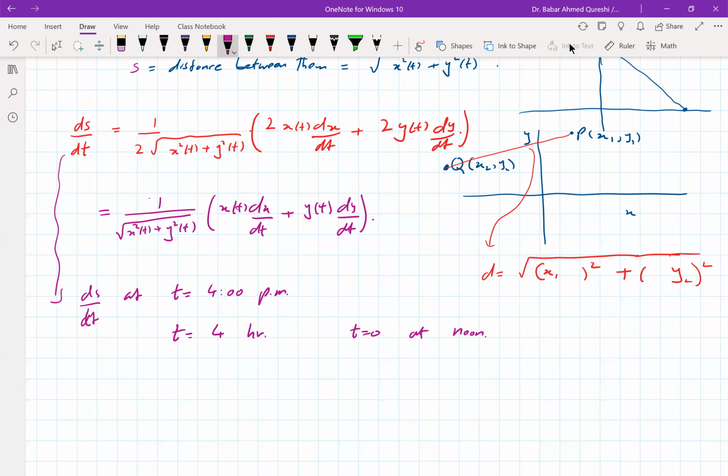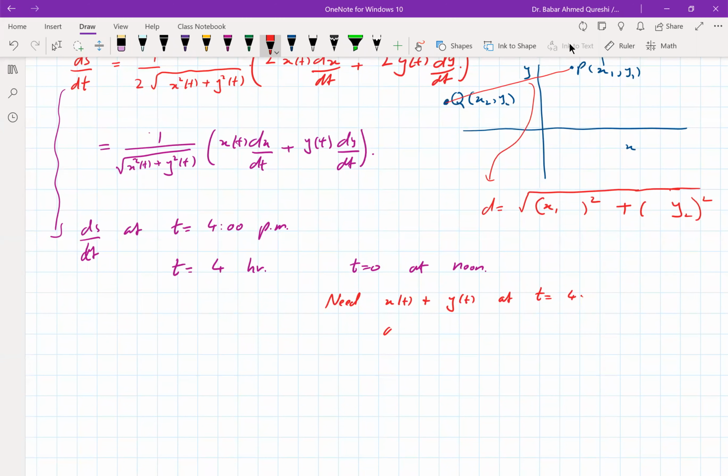So I need to compute this guy ds by dt at that. I need x of t and y of t at t is equal to 4. Dx over dt I already know. That's because that was fixed. That was 35 kilometers per hour.